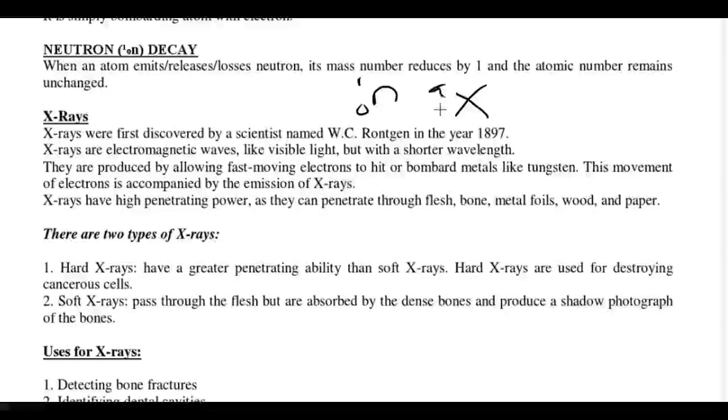So when you have this atom emitting neutron, you have A minus 1 and you have B minus 0. So the mass number is reduced by 1, the atomic number remains unchanged. And one thing you must learn is how to balance nuclear reactions. Always ensure that the mass number on the left is equal to the mass number on the right.